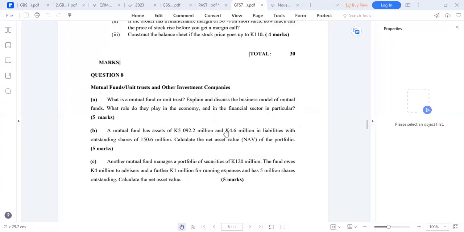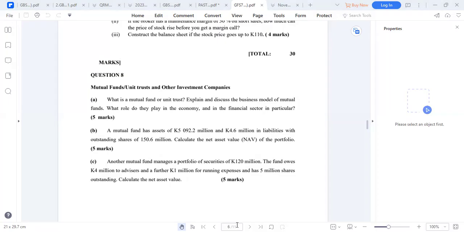Now we go to our net asset value calculation. So we have mutual funds of 5 million and liabilities outstanding of 4, and outstanding shares are 150 million. So we're being asked to calculate what is called the net asset value, the NAV.